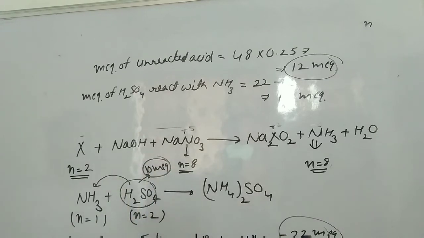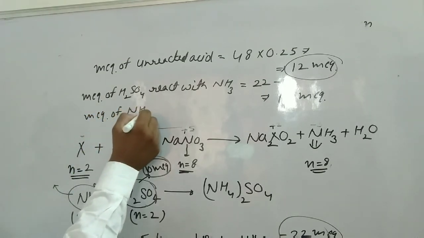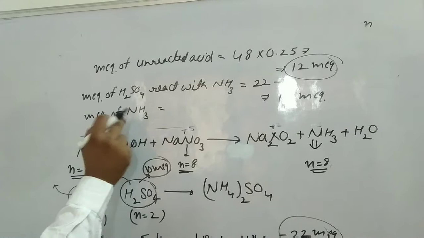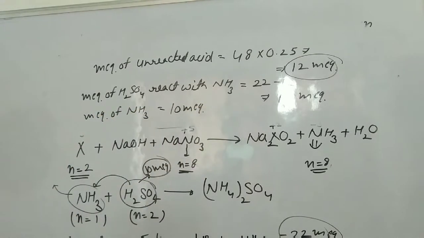Correct? If we apply the law of chemical equivalence, if there are 10 milliequivalent of H2SO4, then NH3 also has 10 milliequivalent. So the milliequivalent of NH3 reacting with H2SO4 is 10. Clear?